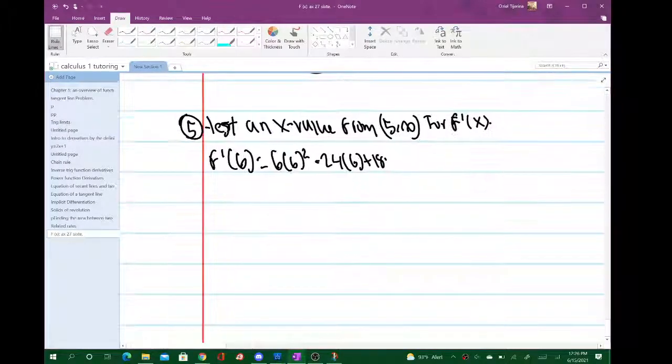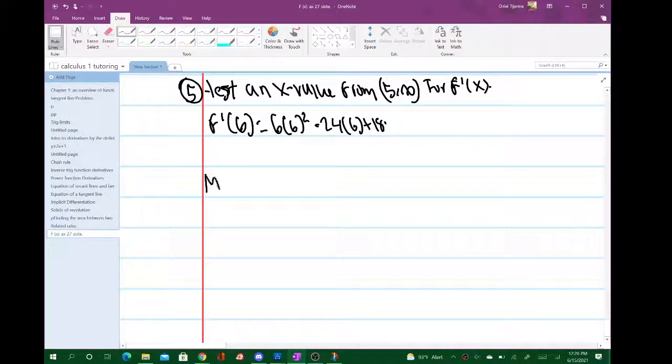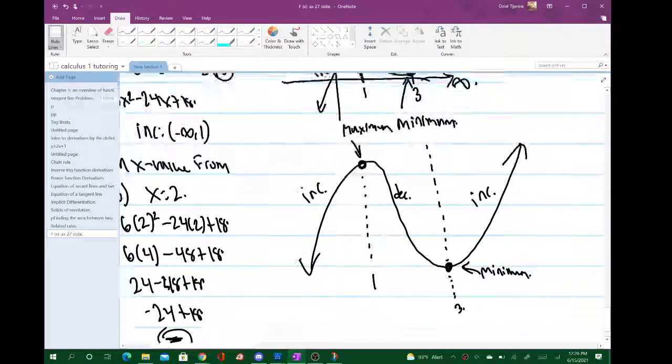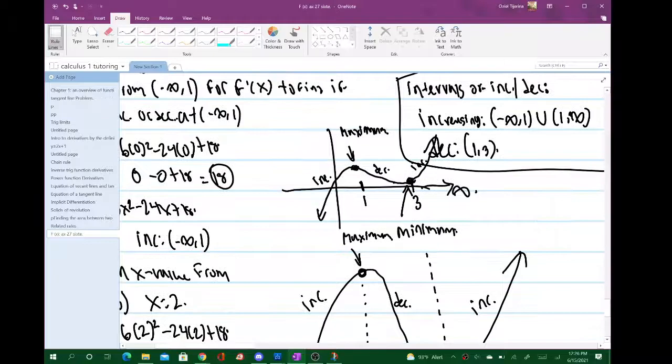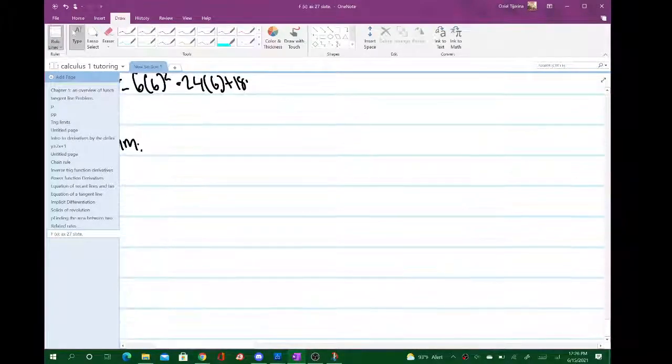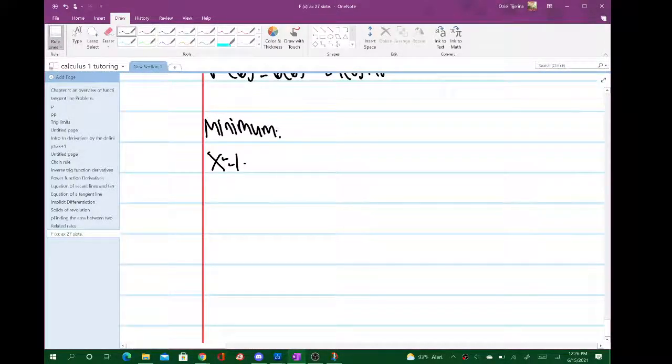So that means that the minimum of this function is going to be at x equals 1, and the maximum will be at x equals 3.